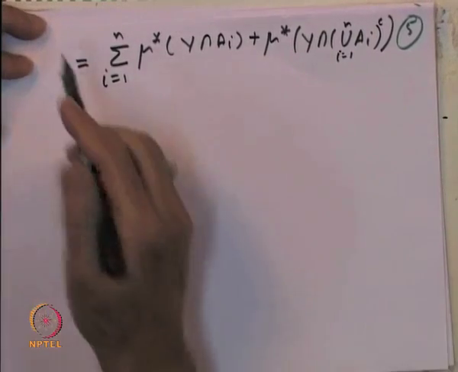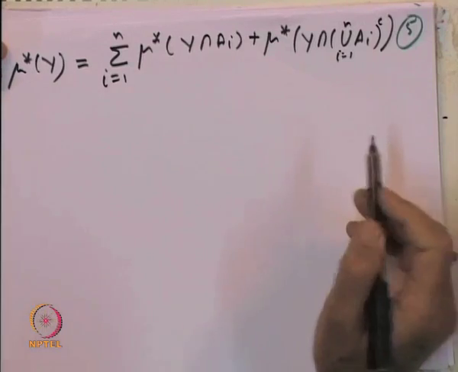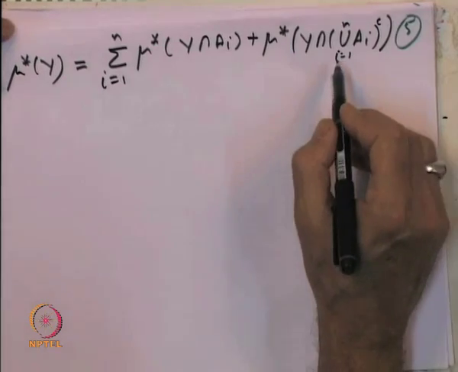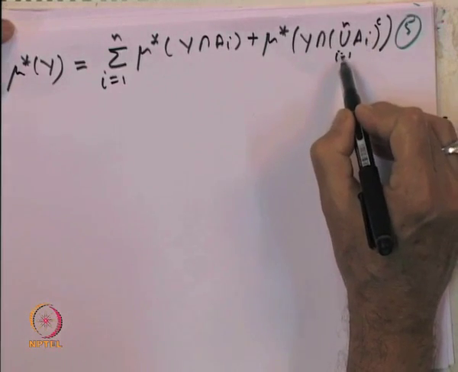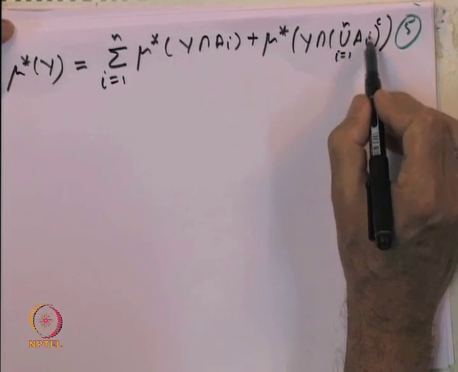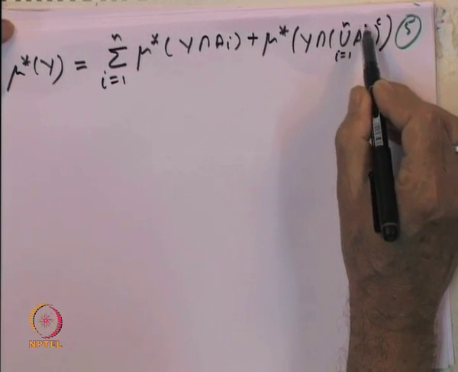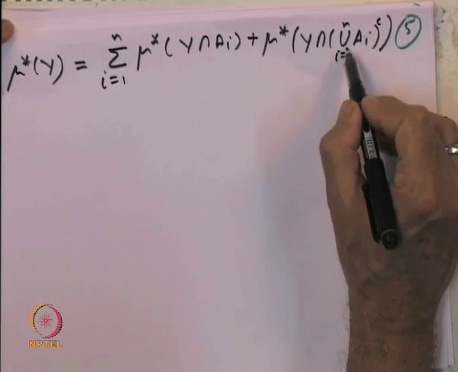So, for every n we have got mu star of y can be written as this. And now, this is true for every n. So, here I would like to write this union as 1 to infinity. If I do that, I will be making this union set bigger, and hence the complement will be a smaller set.